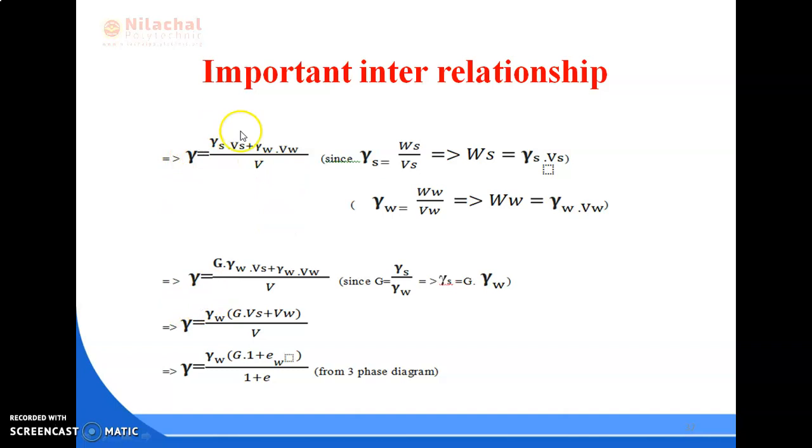Again, we have to change this gamma S, the unit weight of solid.